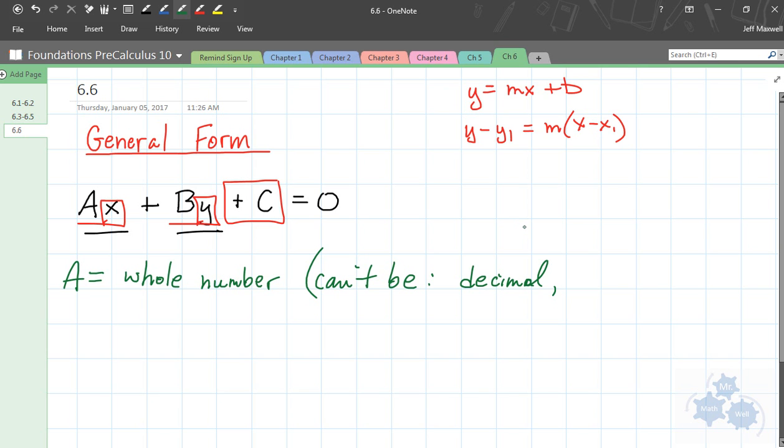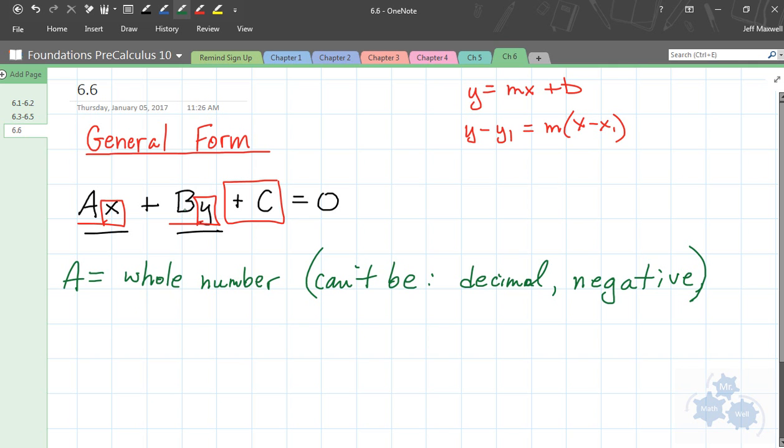It can be 0, but it cannot be irrational, and also cannot be negative. The whole number set is 0, then 1, 2, 3, 4, 5, and all the way up as far as you can go. No decimals, no negatives. With decimal there comes a fraction or an irrational number, so we'll just leave it at that. So a has to be a whole number, not negative and not a fraction.